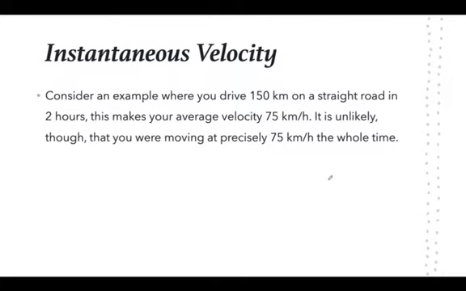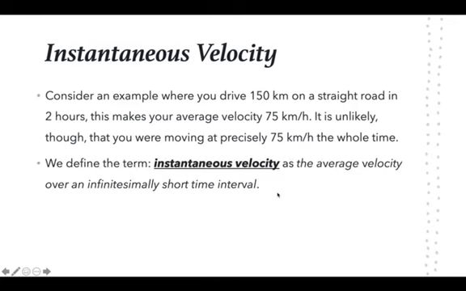However, it's very hard to maintain a precise 75 kilometers per hour for the entire 2 hours. There are downhills and uphills, there are other cars on the road, there might be stoplights, there might be traffic, so you might be changing your velocity from time to time. But your average might still be 75 kilometers per hour.